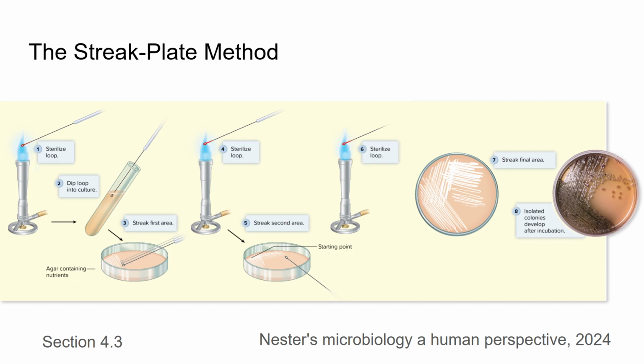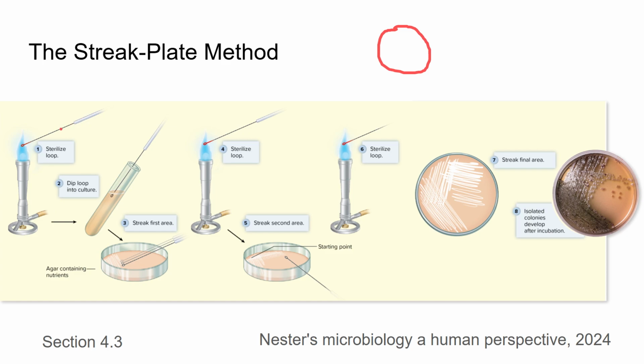So how do we get pure cultures? Well, we're going to use something called the streak plate method. I'm going to draw a little petri dish up here, or agar plate, however you say it. What we're going to do is take this mixed culture. You're going to have multiple types of bacteria in this culture, and you're going to take an inoculating loop.